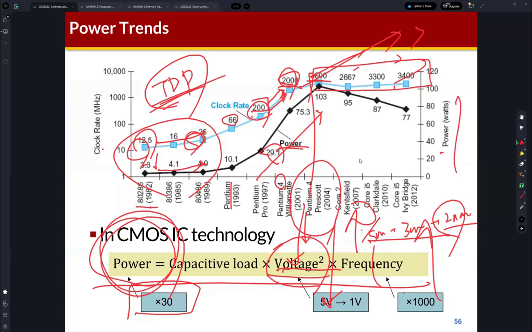But in a real semiconductor circuit, the power is consumed even if the signal is not changed, right? This is caused by the non-ideal property of the CMOS transistor. Actually, the CMOS transistor does not consume electric power if this transistor does not work.